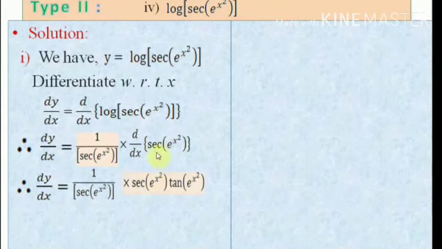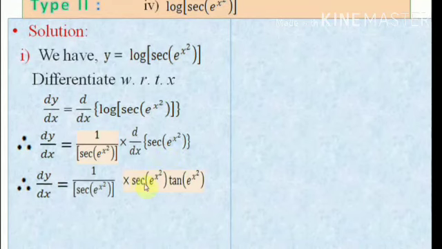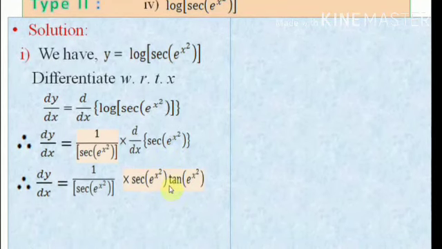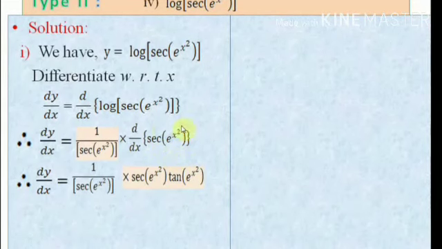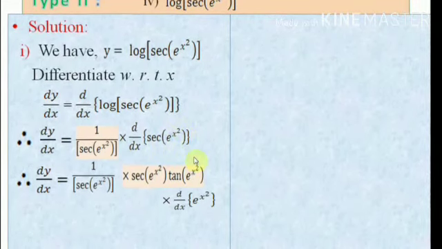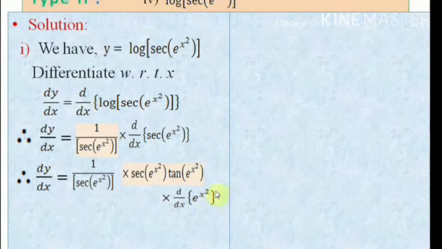Therefore the derivative of sec of e raised to x square becomes sec of e raised to x square into tan of e raised to x square. Again by chain rule, multiply by d by dx of another function, that is e raised to x square.